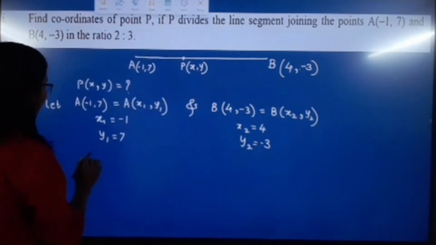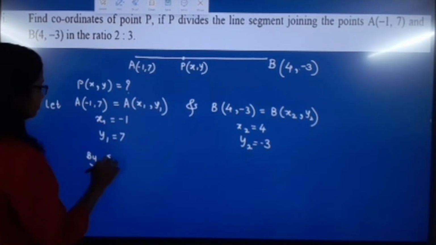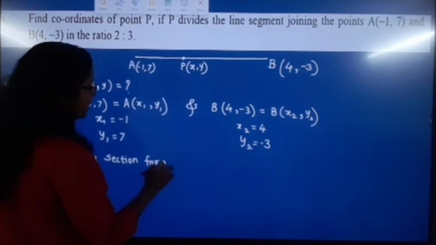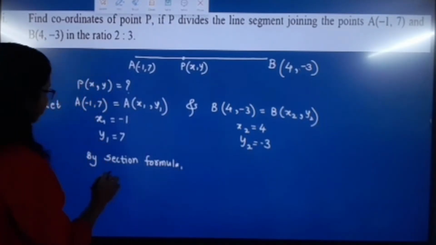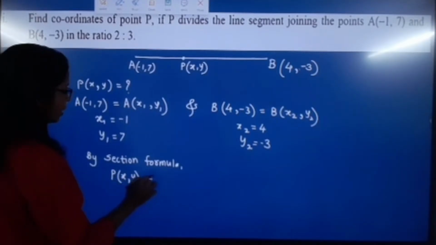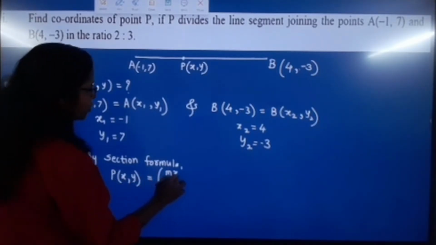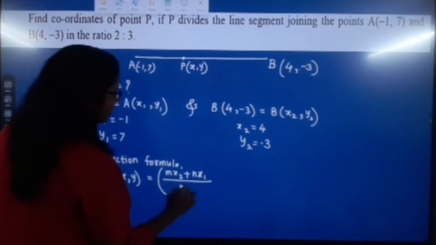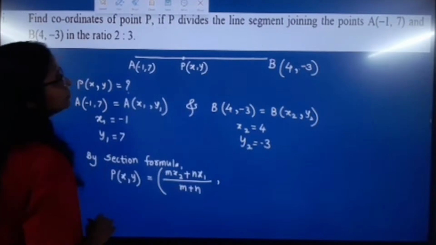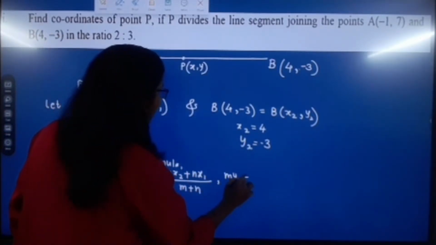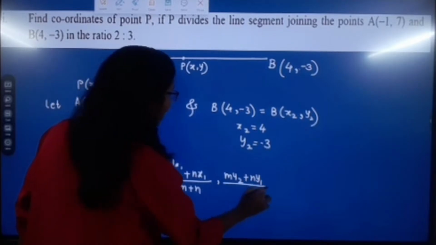So here we write down by section formula. By section formula we can find out P(x, y), which is equal to (m x2 plus n x1) upon (m plus n), comma, (m y2 plus n y1) upon (m plus n).